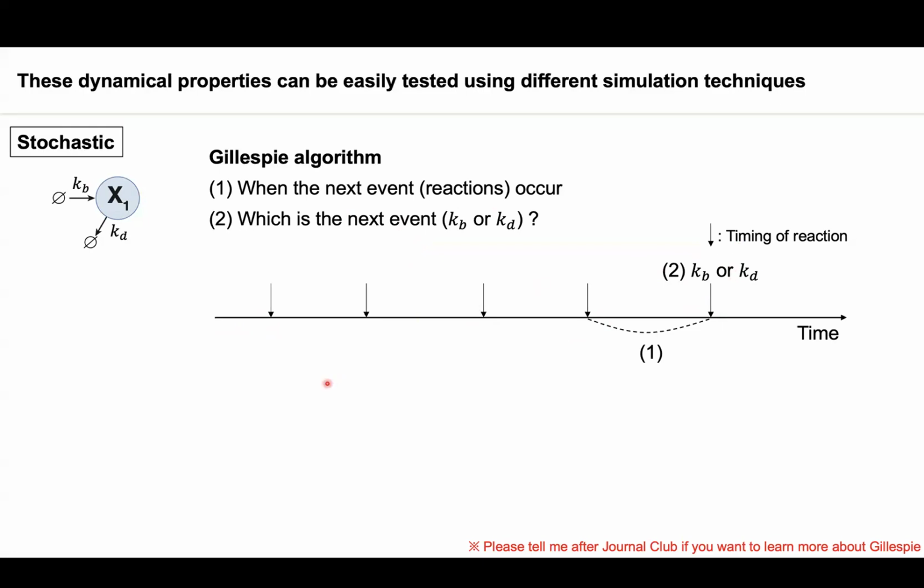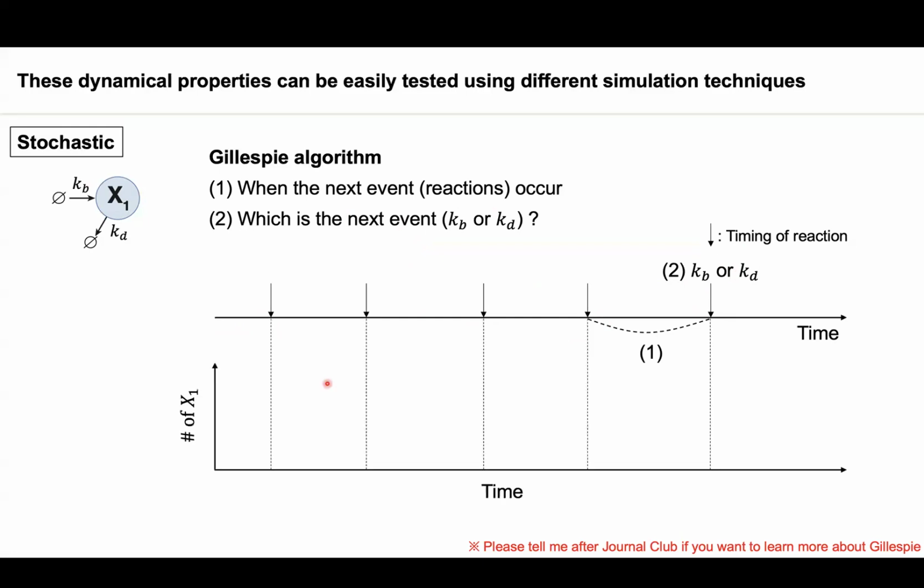From this sequence of reactions, we can know the trajectory of X1 for one cell.